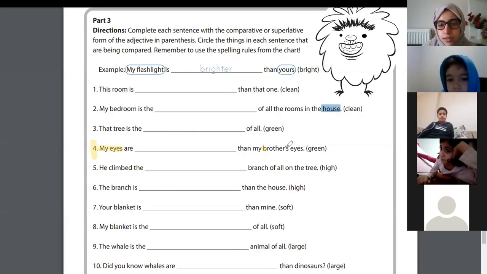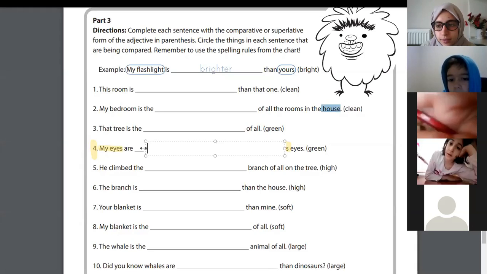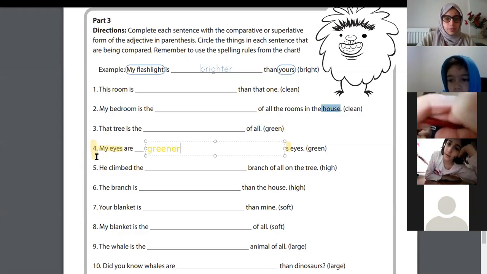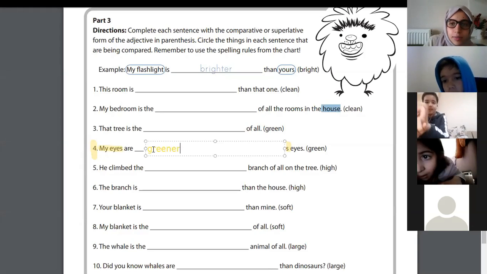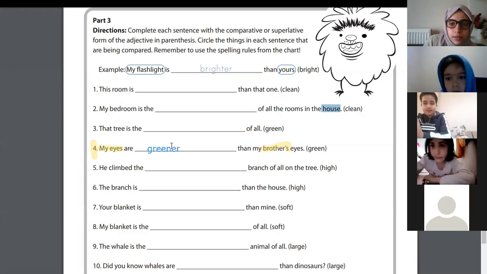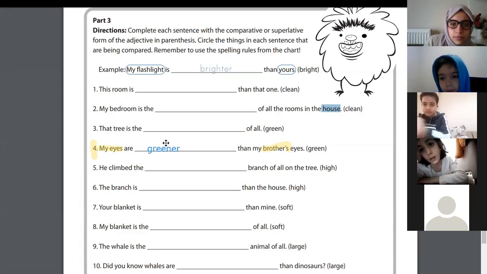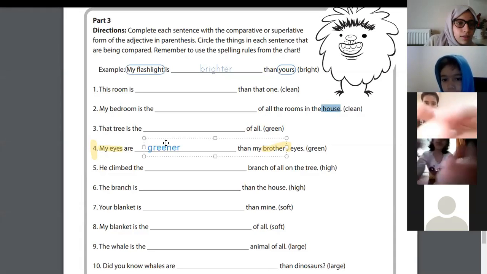I'm comparing between 2 things here. So do I need to add ER or EST? ER. Good job. Well done, Yamin. I'll change the color so you guys can see it better.